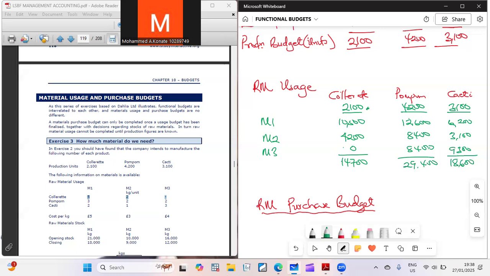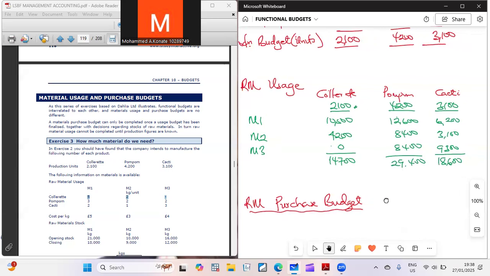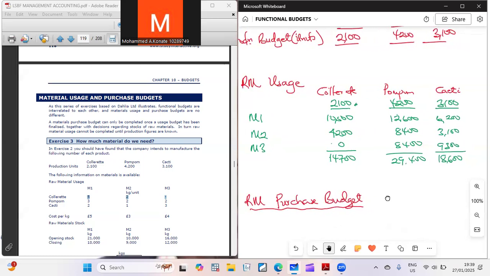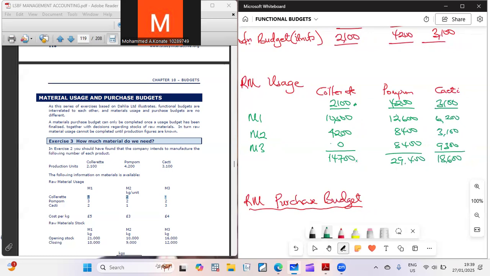All right. So if you have totaled these things like that, remember that you will need the M1, M2, M3. Now we are going to look at the materials. When you are looking at the materials, you don't really need this total.